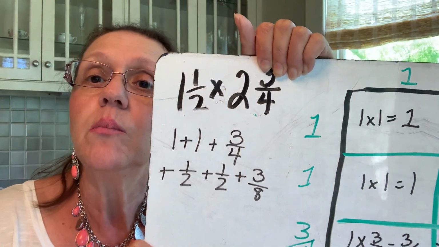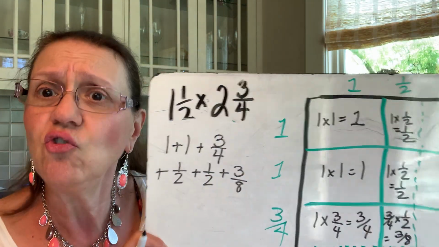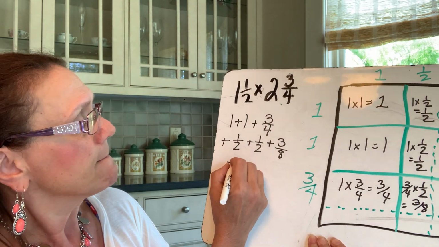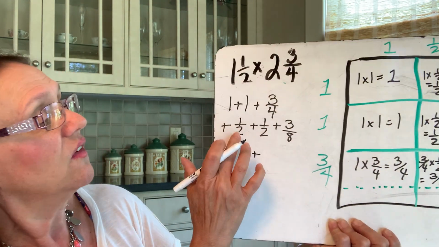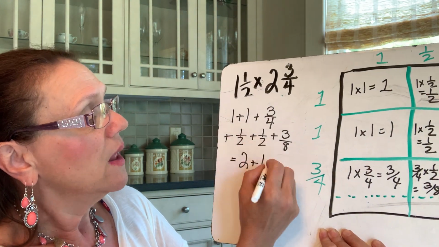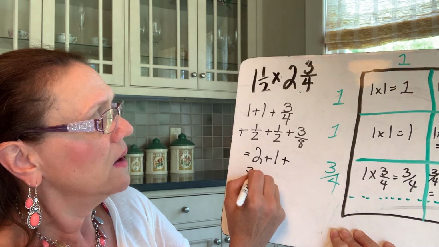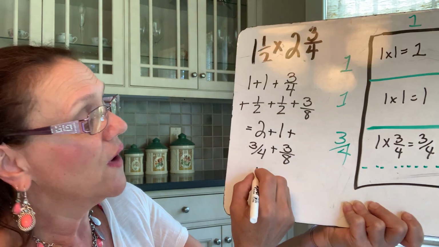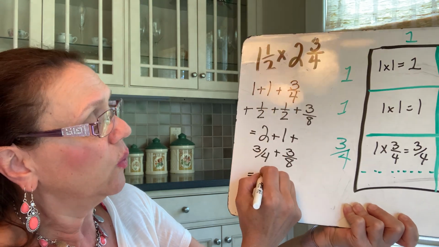When you're adding it up, look for easy ways, like add your whole numbers together first. So I've got 2 plus, and see this 1/2 and 1/2? That'll give me another whole number. Plus 1 plus 3/4 plus 3/8. You follow me? So 2 plus 1 is 3.